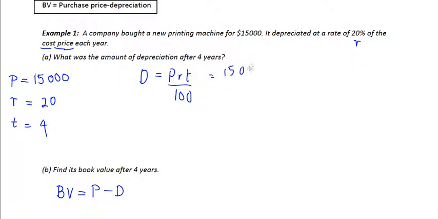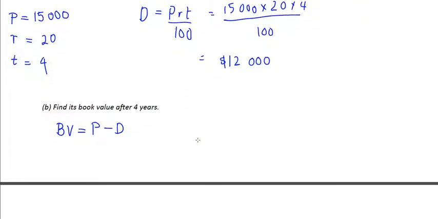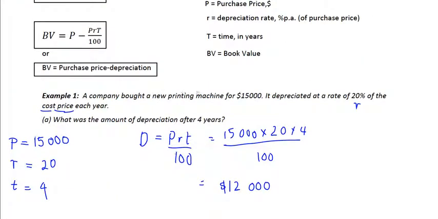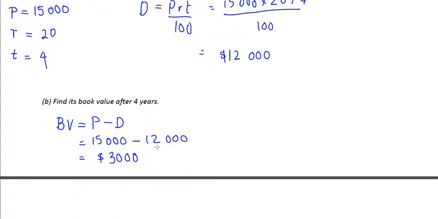So let's work out how much it has depreciated in those 4 years, and you should get $12,000. This is telling you it's lost $12,000 of its value. Therefore, if I wanted to find the book value, that would be the original price or the purchase price minus this $12,000 which has depreciated, and we can see that the value of the item, of the printing machine I should say, after the 4 years comes out as $3,000.